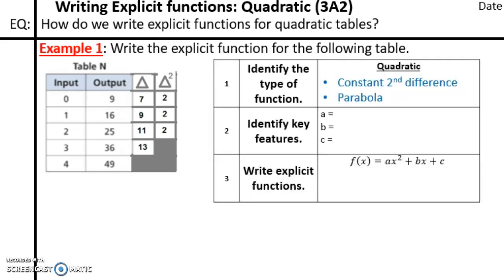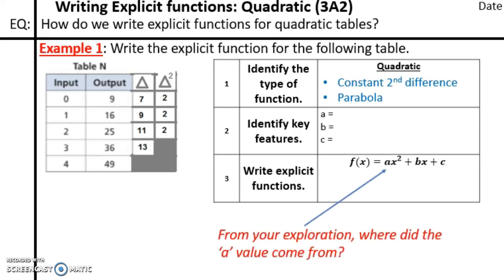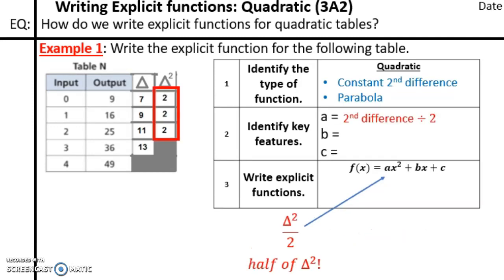Okay, next we need to identify the different key features, and there are 3 things that we need to identify. And we're going to call them A, B, C for now. Okay, so A, do you remember where the A value comes from? Hopefully you say, oh, A comes from the second difference divided by 2.